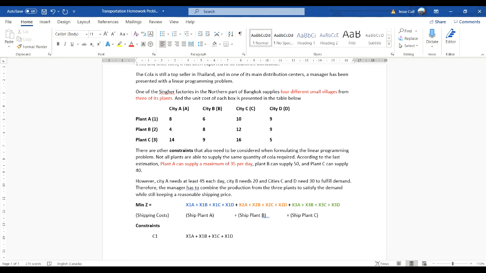And we know they can supply a maximum of 35 per day. So this must be less than or equal to 35. This gives us our first constraint.